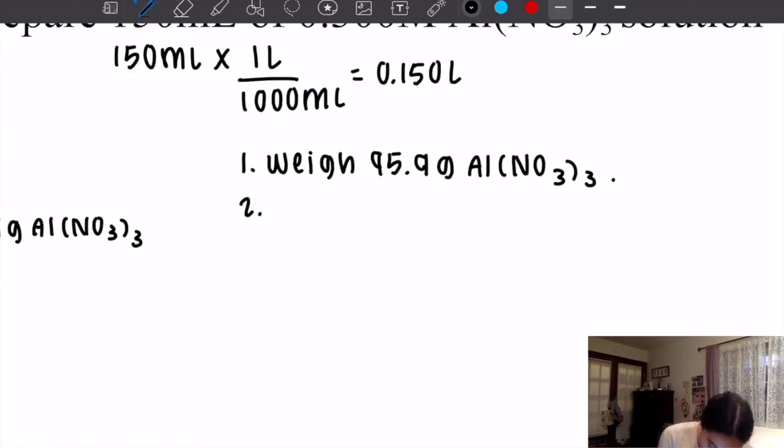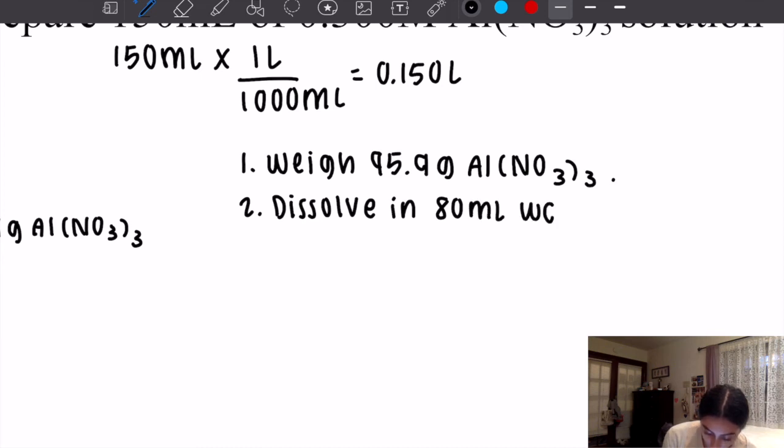So my step 2 is going to be to dissolve in, and I'm going to choose 75. Actually, we'll make it a round number. Let's do 80 milliliters of water.